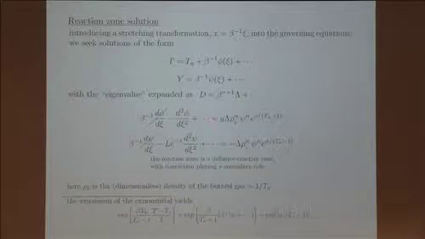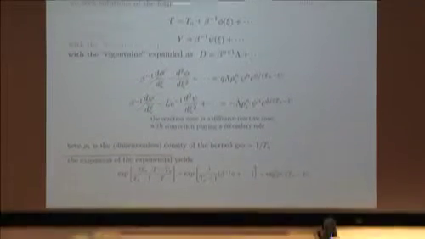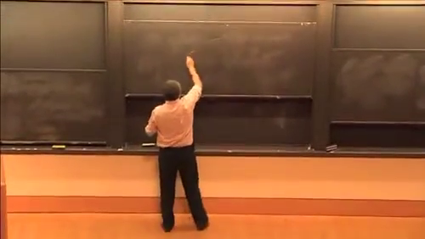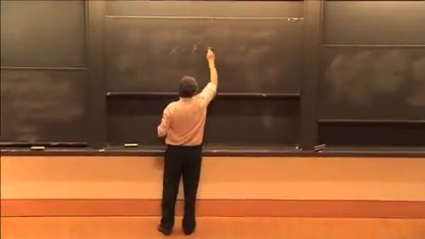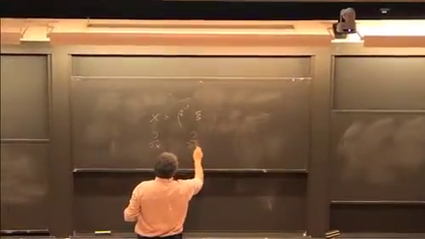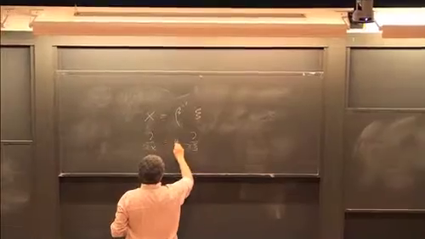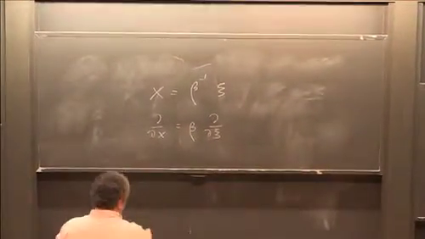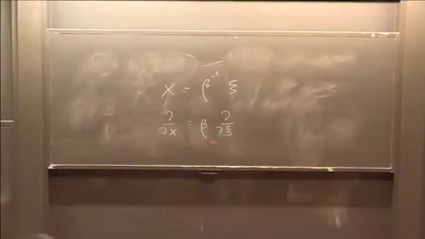Okay, so now we make that substitution, including the stretching. Now the stretching immediately tells you that since x is equal to beta minus 1 xi, then d by dx is d by dxi times dxi by dx, which is beta. And so everywhere we replace d by dx with beta d by dxi.